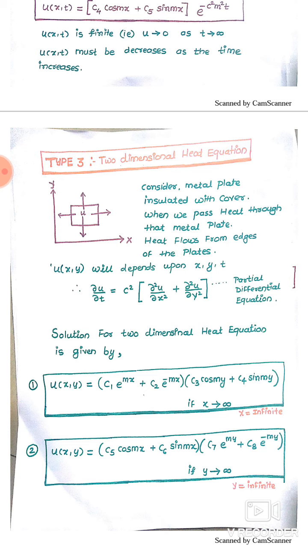The second solution is used when your metal plate is infinite in length in the y direction. Students, try to remember these two general solutions. If your metal plate is infinite in the x direction, use the first general solution, and if it is infinite in the y direction, use the second.